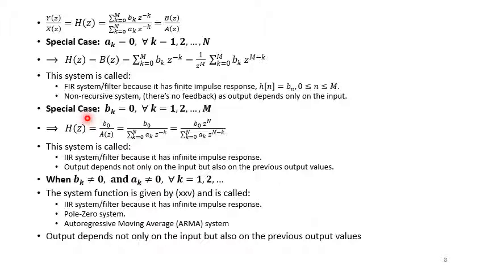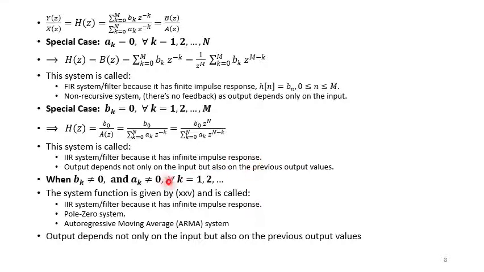The second case will be when b_k equals 0 for all k equals 1 up to M. That means you are just left with b_0, and you have A(z), which is basically summation k running from 0 up to N, a_k z^(-k), and again taking z^(-N) common, we get this expression. Now this system is called the IIR system, or infinite impulse response system, or infinite impulse response filter, because it has infinite impulse response.